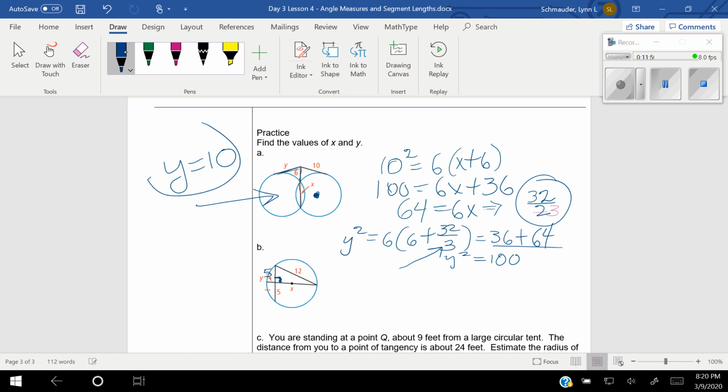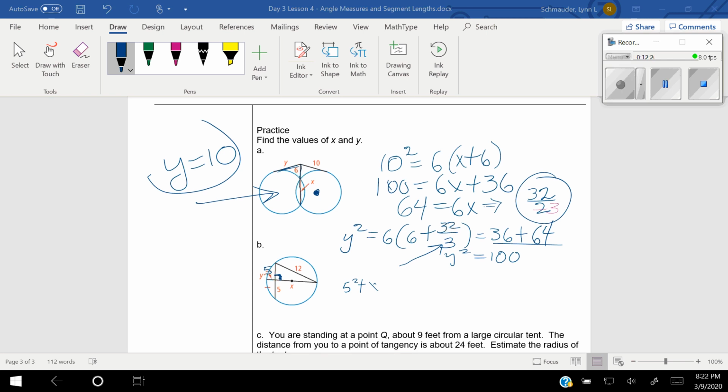This is 5. So I have 5 squared plus x squared. Ugh, this pen. Okay, working again. 5 squared plus x squared equals 12 squared.